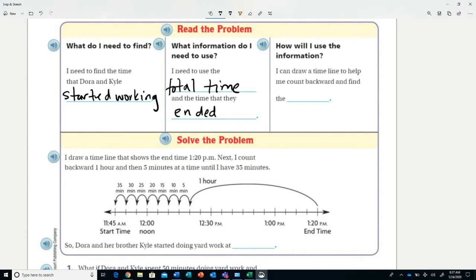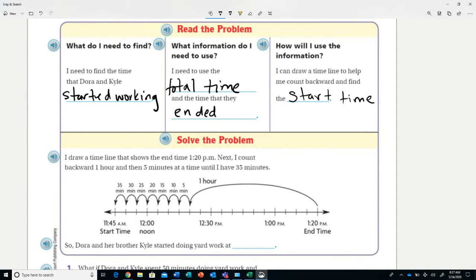So if I know how long they worked and I know when they ended their work, then I can figure out when they started working. I can draw a timeline to help me count backward and find the start time.